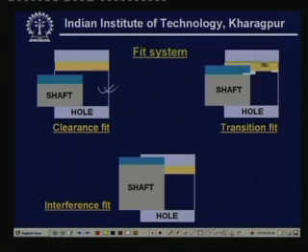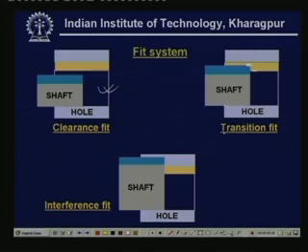In this same line, if we look into it very carefully, we can see that if the shaft dimension is this much and the hole dimension is this much, then there is an overlapping of the dimension, and this overlapping will create some sort of tightness in the fitting of the shaft inside the hole.